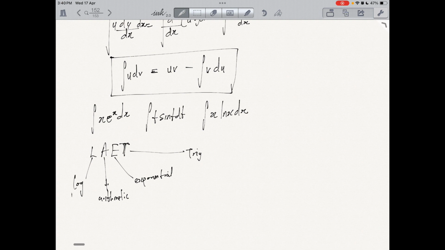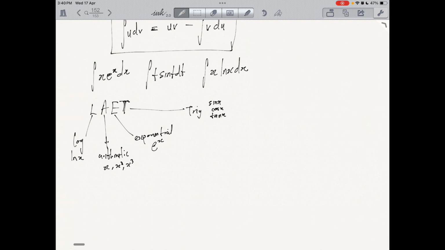Now logarithm functions can be ln x, arithmetic functions can be x squared or x raised to power 3, exponential functions can be e raised to power x, and trigonometric functions can be sine x, cos x, and also tan x. Now we are moving from L to A to E to T, from logarithm to arithmetic to exponential to trigonometry, and we are moving in this format.